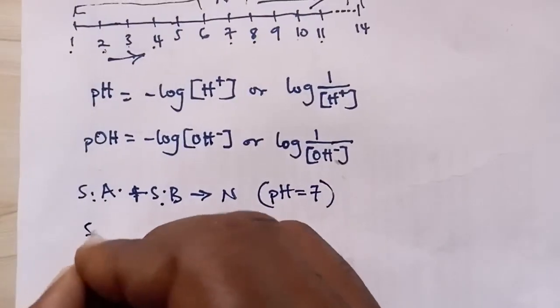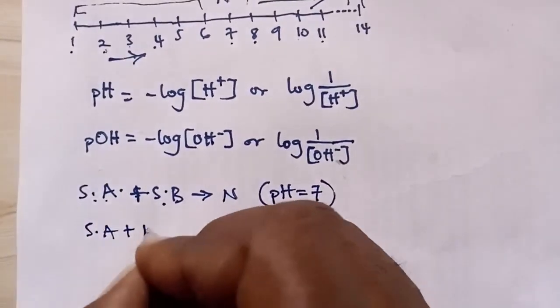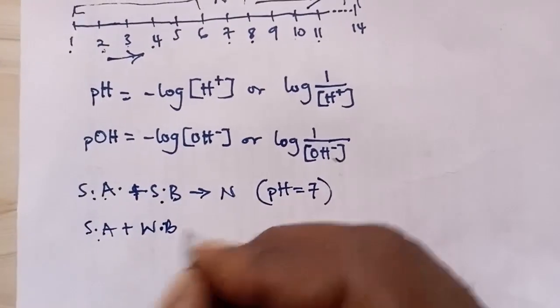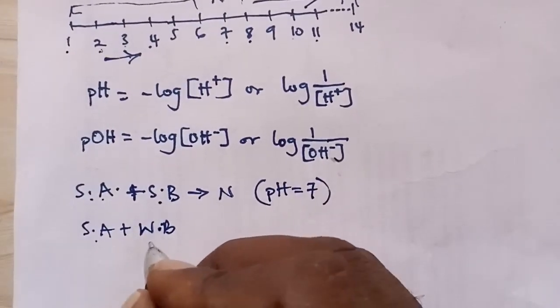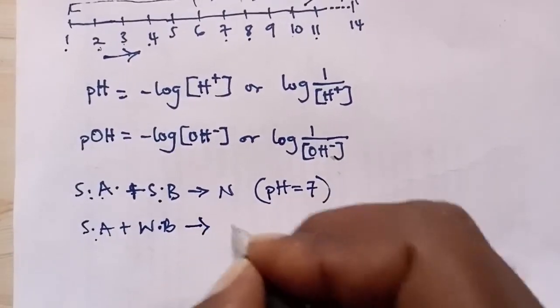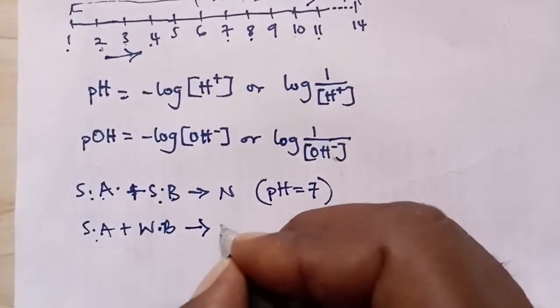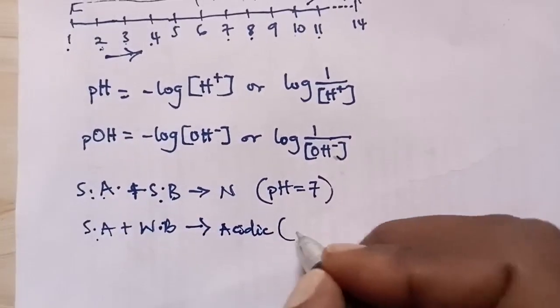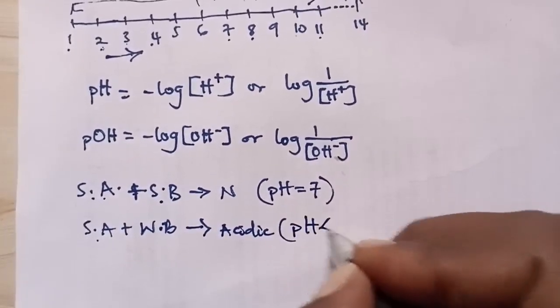But if we have a strong acid against a weak base, you notice this is stronger than this, and because of that, the pH of the solution would tilt towards the stronger one, and because of that, the solution will be acidic. And since it's acidic, it means that the pH will be less than 7.